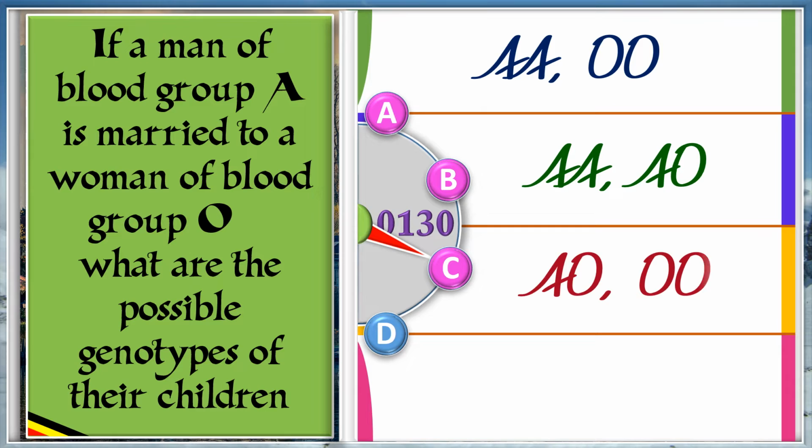C. AO, OO. D. AO only. And the answer is C. AO and OO.